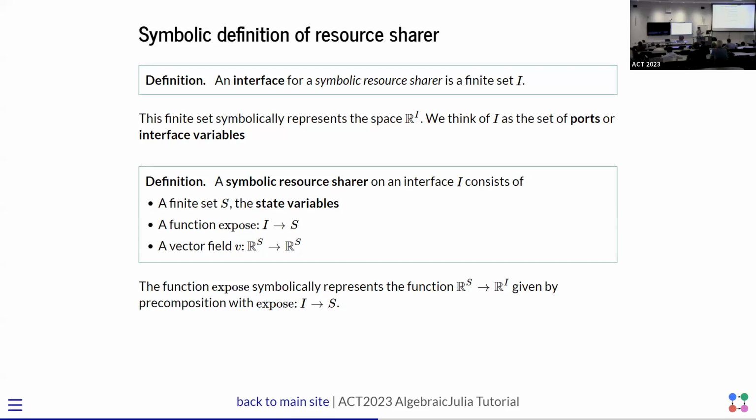And then similarly, a resource sharer now has a finite set of state variables. And the exposed function now goes from I to S, so that's the other direction. We're thinking that often this would be an injection. So we're exposing some subset of the state variables via the interface, and then finally there's a vector field there.